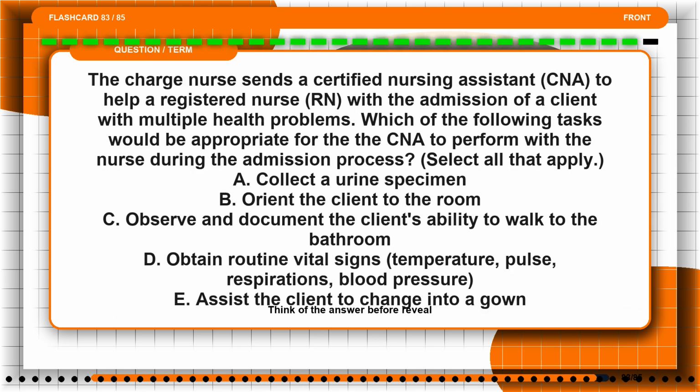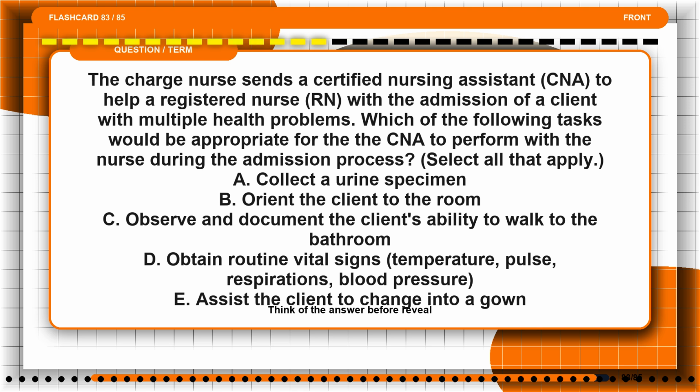Flashcard 83. The charge nurse sends a certified nursing assistant (CNA) to help a registered nurse (RN) with the admission of a client with multiple health problems. Which of the following tasks would be appropriate for the CNA to perform with the nurse during the admission process? Select all that apply.